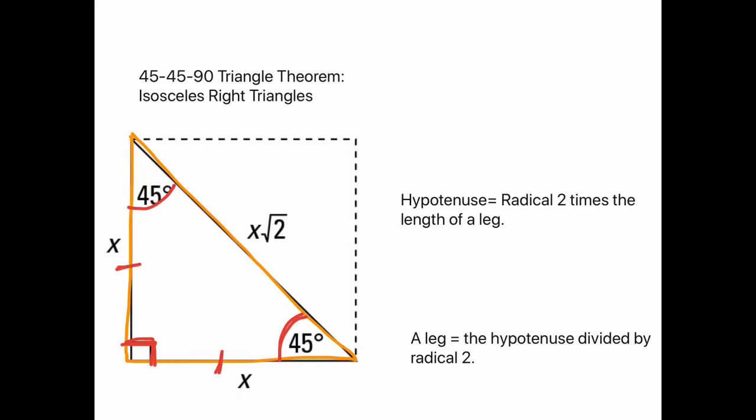If the legs are whatever value, we can call those x, in this isosceles right triangle, then whatever the leg is, if you multiply that by radical 2, you will always get the length of the hypotenuse. So radical 2 times the length of a leg will give you the hypotenuse. And if they've given you the hypotenuse and you need to solve for the leg, it's the hypotenuse divided by radical 2.